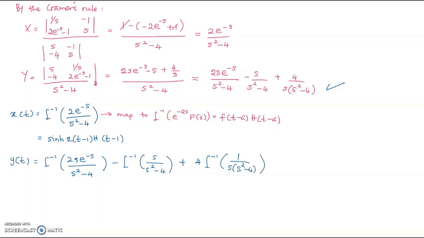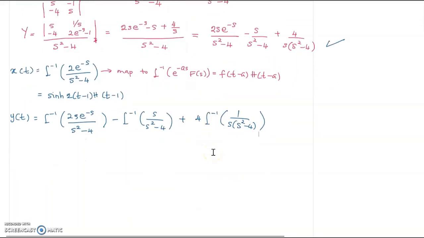For each one of these, you solve individually and see in the table which one you should map to. I put this here for your reference: this one should be mapped again to exponent negative as times fs.